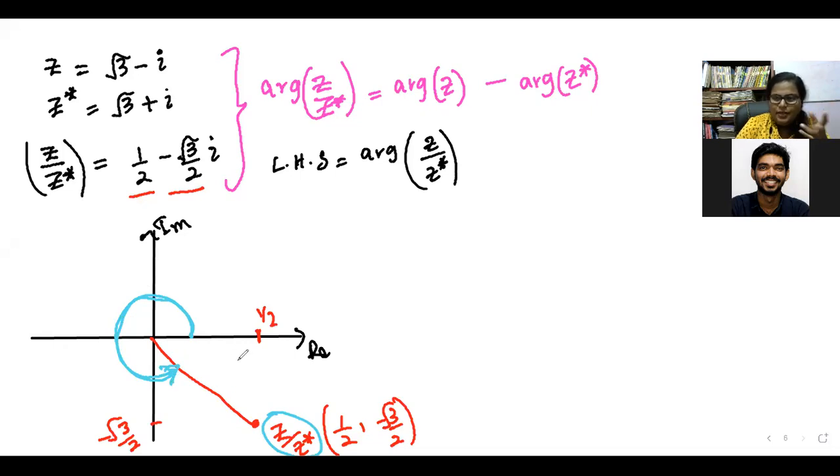This is just a simple idea of arg value, right? When you are taking this arg value, you know that you have to take one of these two angles. So I'm taking this angle as alpha.